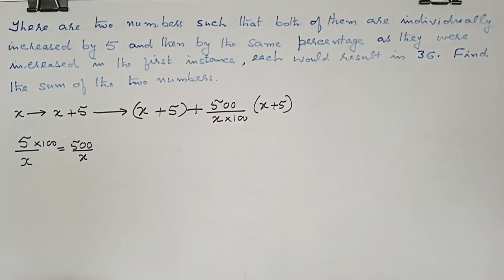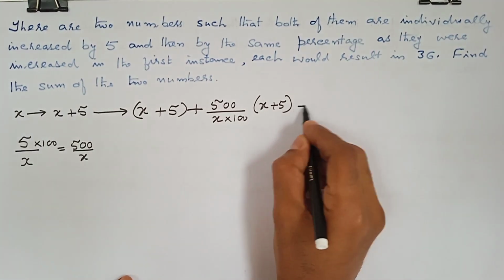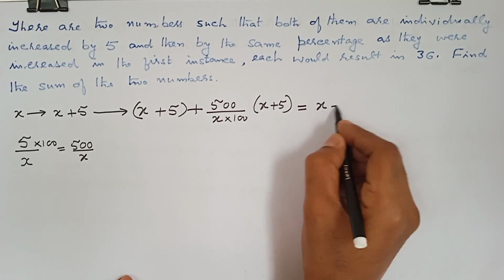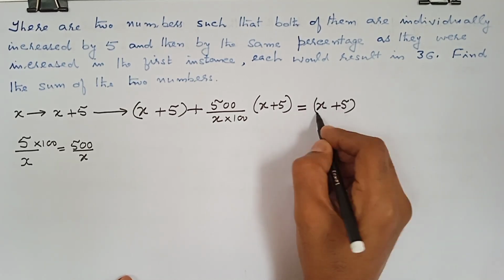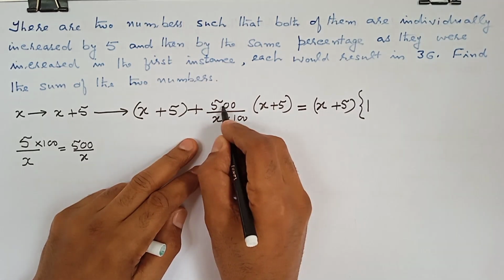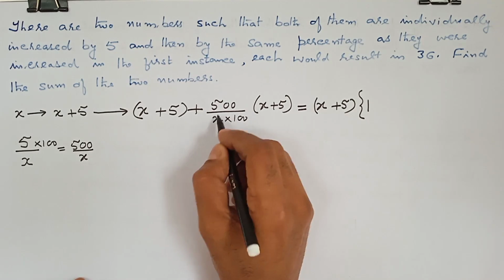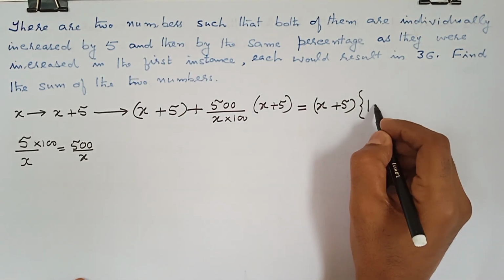If there is any confusion here, refer to my previous video, whose link is given in the description below. Now, what do you see? x plus 5 being common. Let's take it out. Here you have 1 and you can cut it. 500 by 100 is 5. So 5 by x.